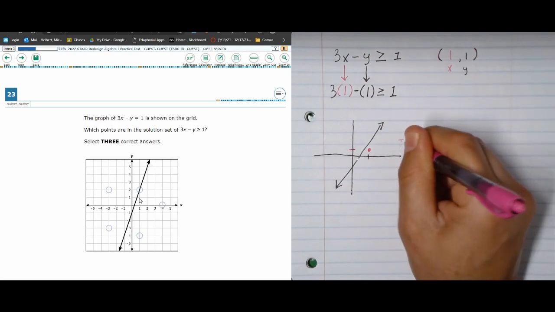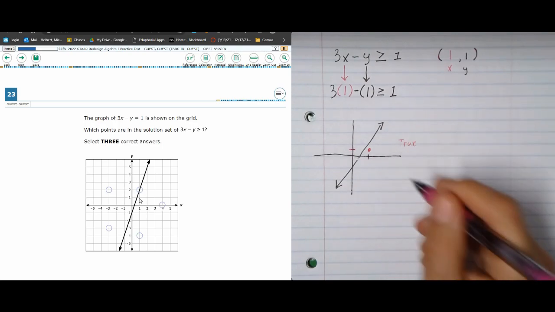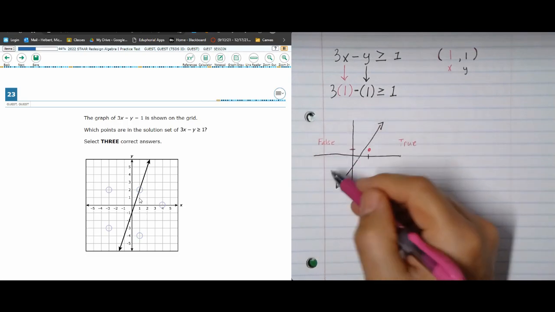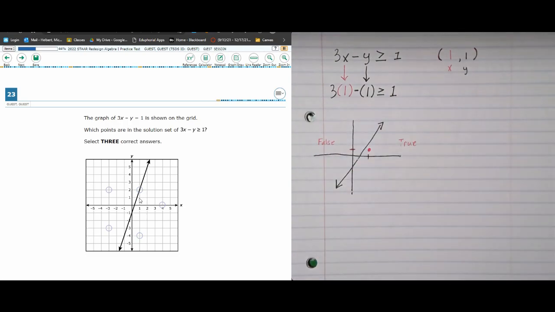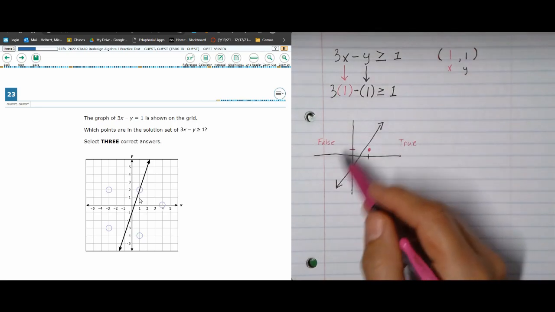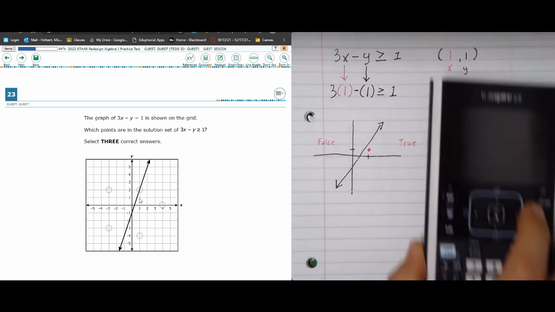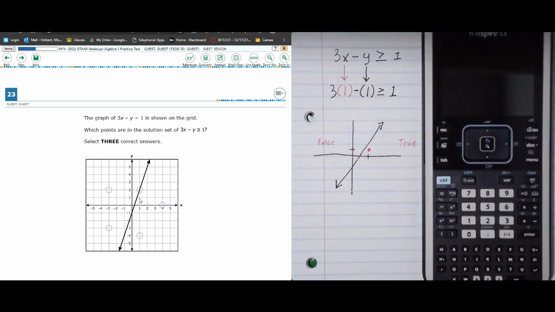So if it says true, we'll shade this area. If it says false, we would shade the other side of the graph. And so that would mean that all the points on this side are correct. So let's go ahead and put that in the calculator and see what we get using our point 1, 1.